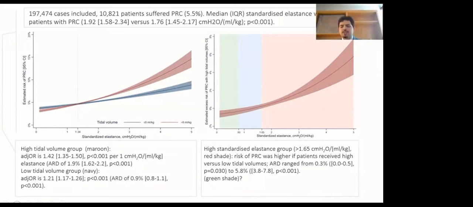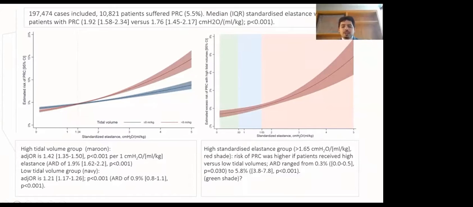If we look at the second figure, we see that we identified 3 areas of interest. The red shaded area, where standardized elastance is higher than 1.65, depicting a low compliance. High tidal volumes were associated with significantly higher risk than lower tidal volumes. However, no significant difference between high and low tidal volumes was found in the blue shaded area, where elastance ranges between 0.8 and 1.65, depicting a moderate compliance.